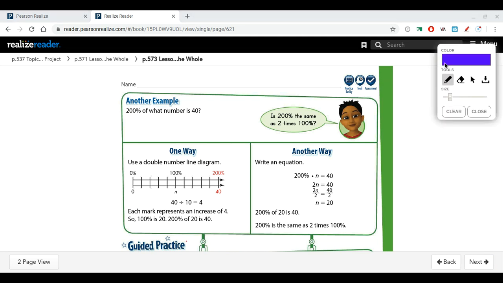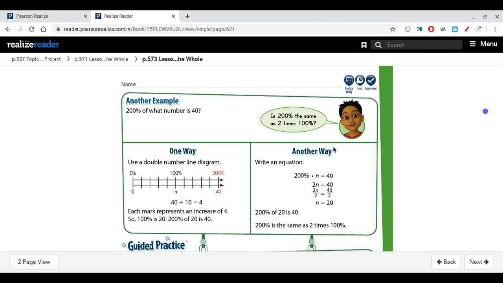My percent is 200%, so it's going to be a whole number, 2 times n, or 2 times m, p, q, r, whatever you're using to represent that total. So 2 times the total is equal to 40, and here n is equal to 20. So 200% of what number is 40? 20.